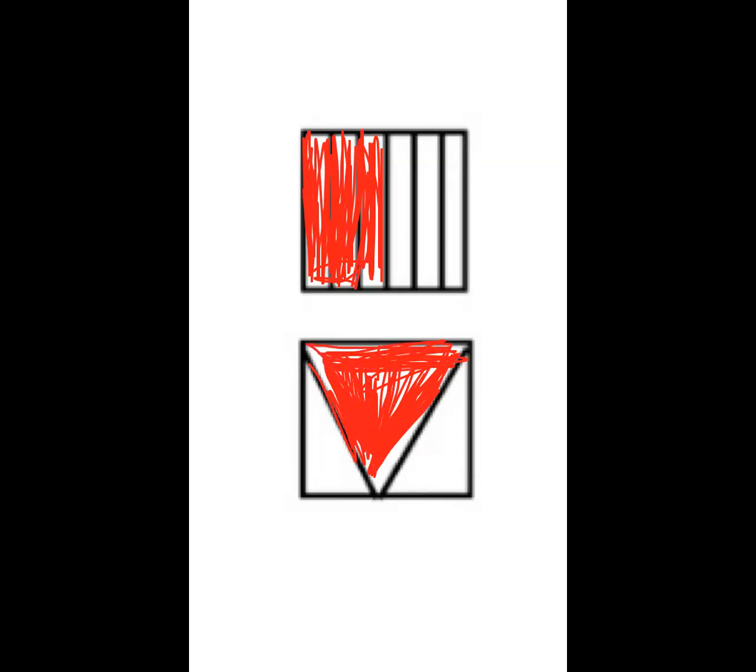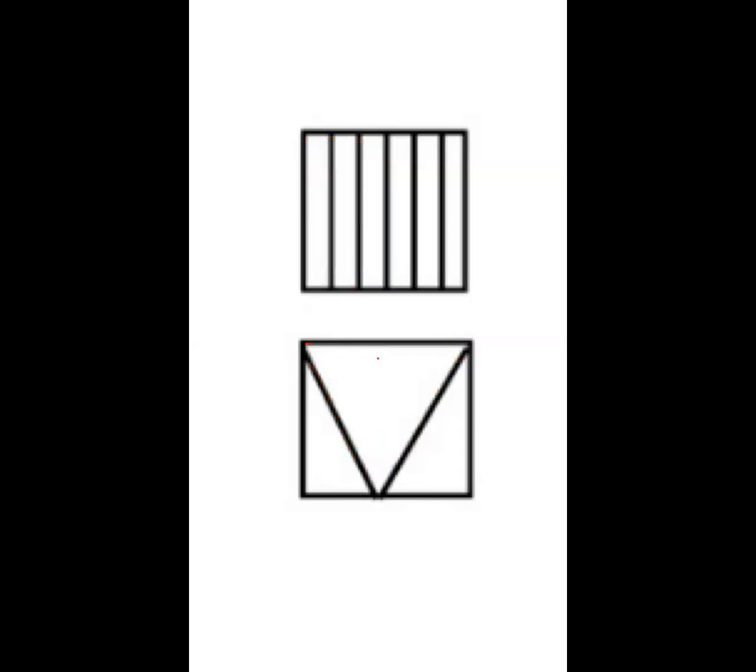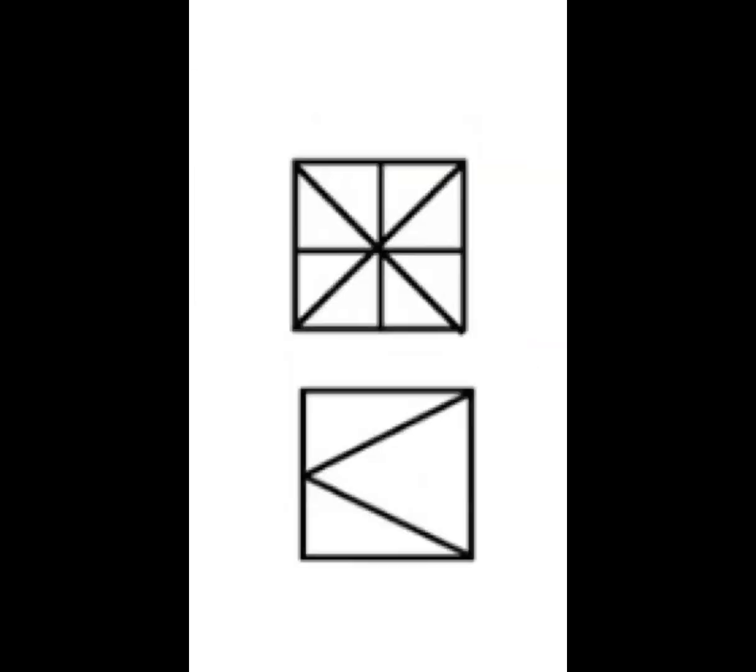Okay, then this will be half. So next, last 2 figures. When I get this one, I have to shade half, there are 1 to 8 parts, so I have to shade 4 parts.